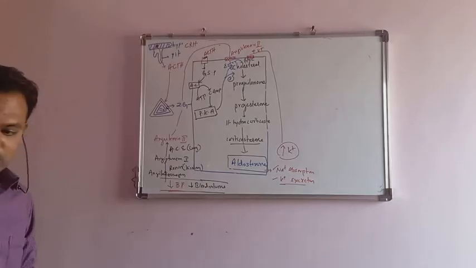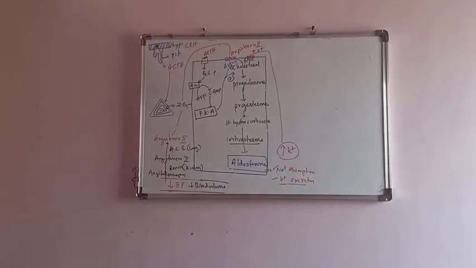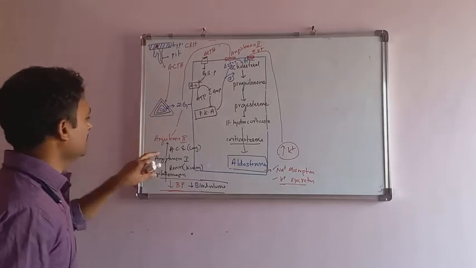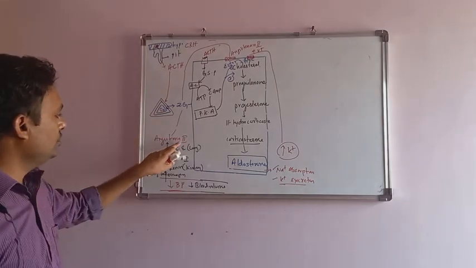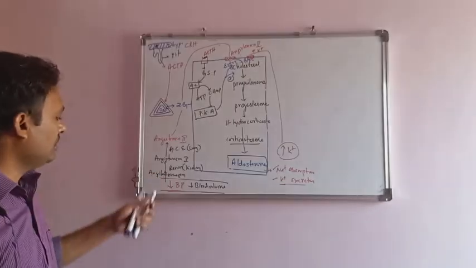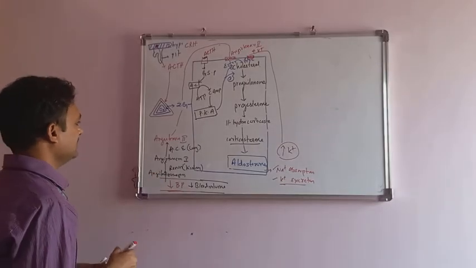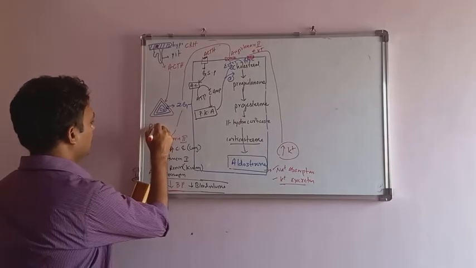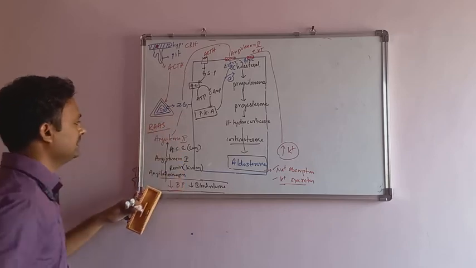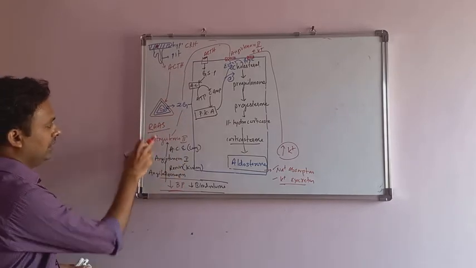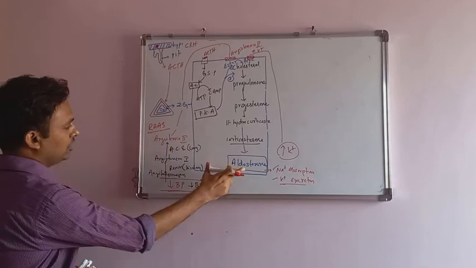So three important stimuli are there for the synthesis of aldosterone. First is the strongest stimulus, the angiotensin 2 induced mechanism, called the RAS system: renin, angiotensin, aldosterone synthesis.